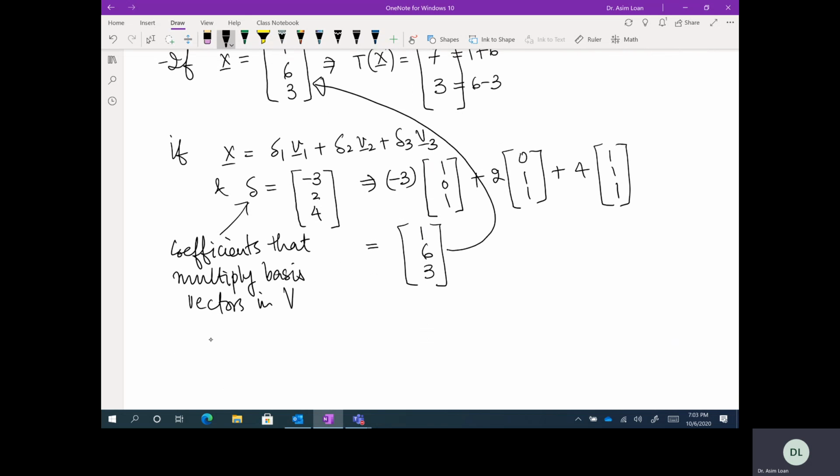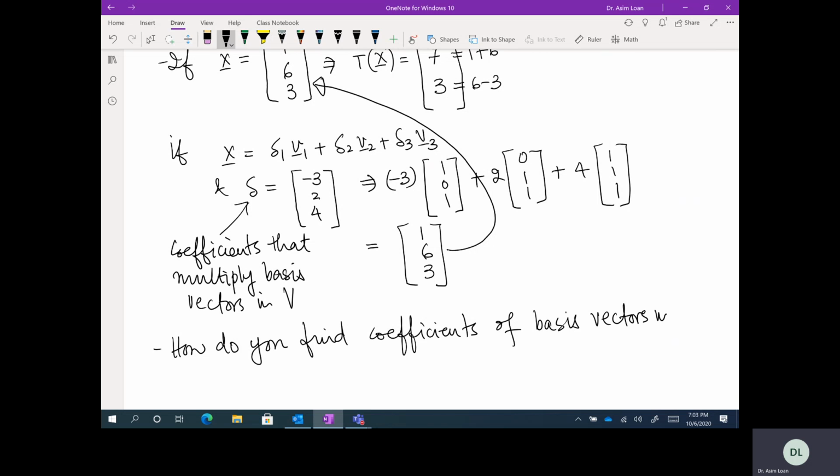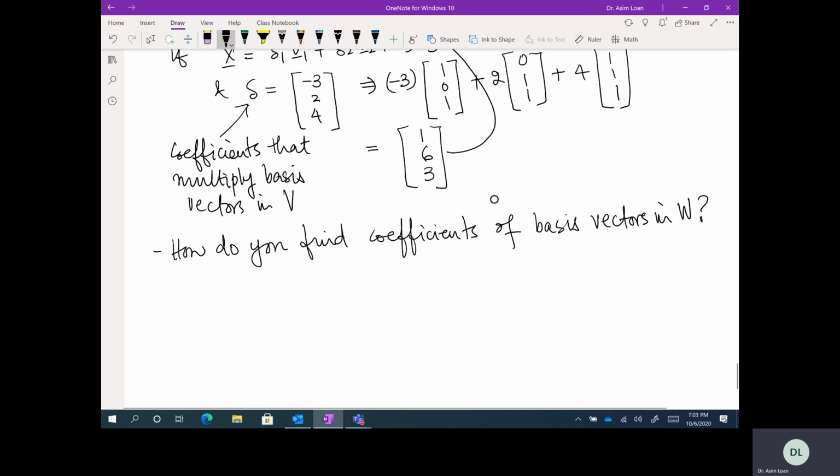So how do you find the coefficients of basis vectors in W?